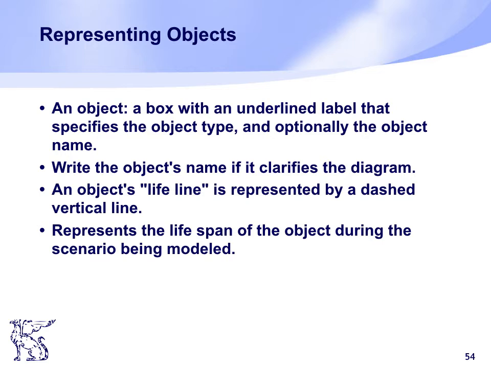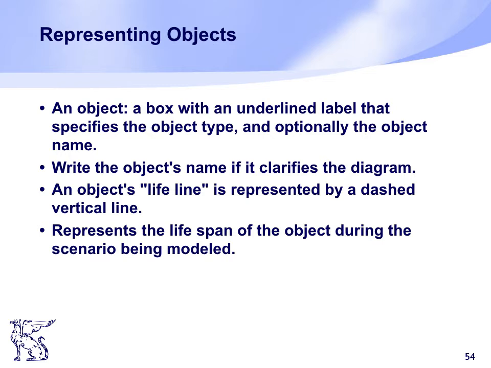The naming format is the same. At first you write the object name, then a colon, and then the class name. But if you have an object of unknown class, you can just write the name of the object, that's fine. And if you have an anonymous object, you can just write the class name. So those are the naming conventions, and you underline it. That's how we represent an object.